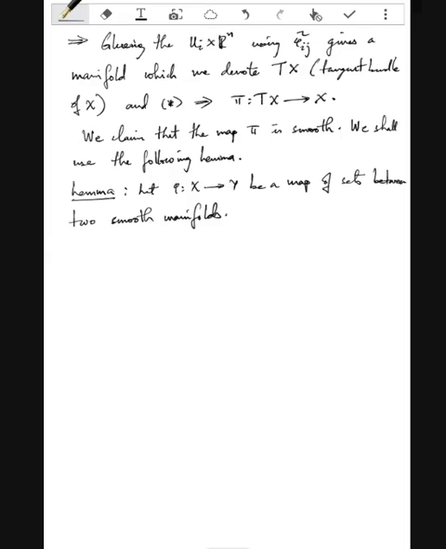Suppose there is an open cover, not necessarily by coordinate charts, just an open cover W j in Y, such that phi restricted to phi inverse of W j, mapping to W j, are smooth maps.